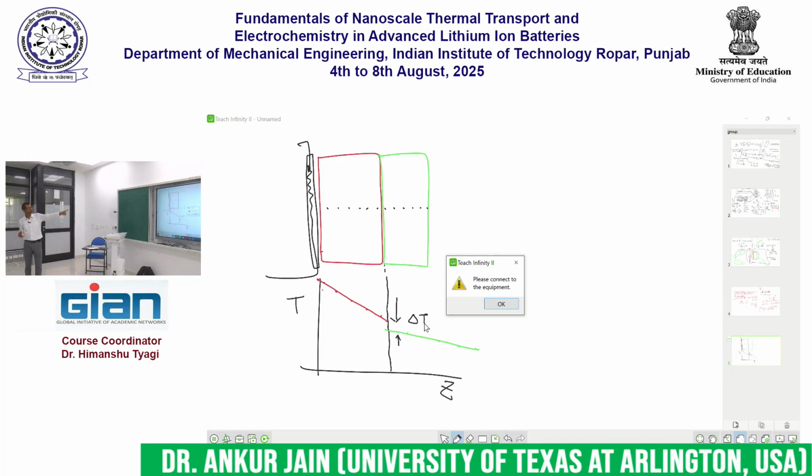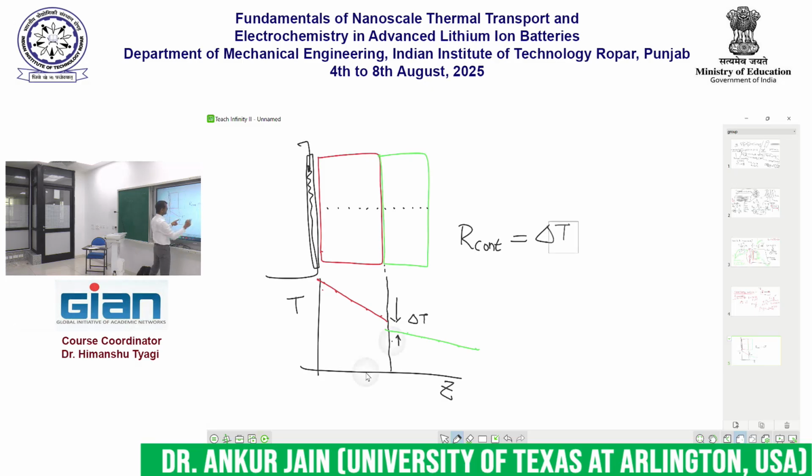You see, if these 2 materials had perfect contact between them, there would be no temperature difference at the interface. That delta T would be 0. That delta T represents contact resistance, and you can determine contact resistance simply as this delta T divided by Q, the amount of heat that flows across.